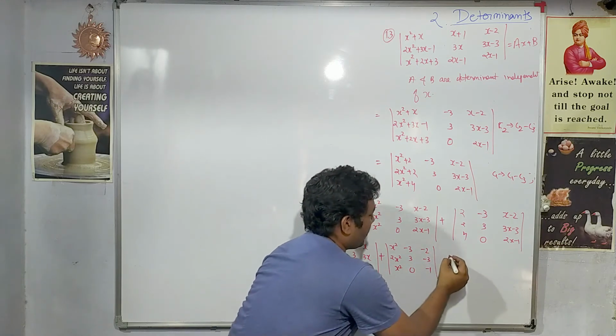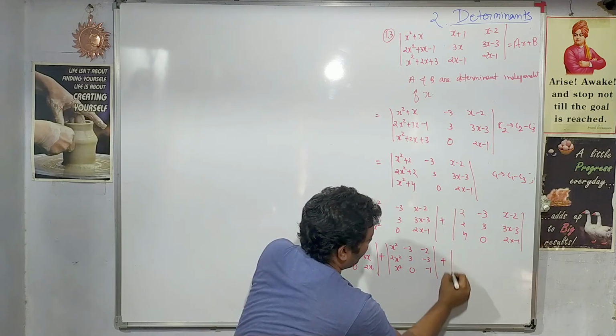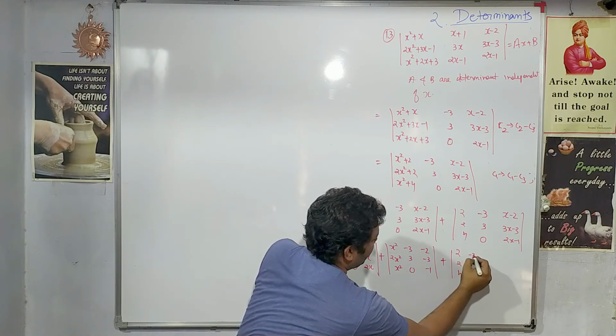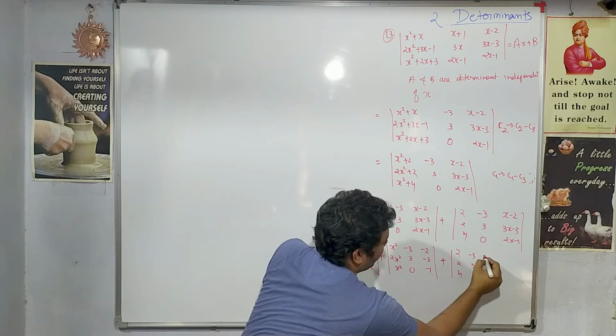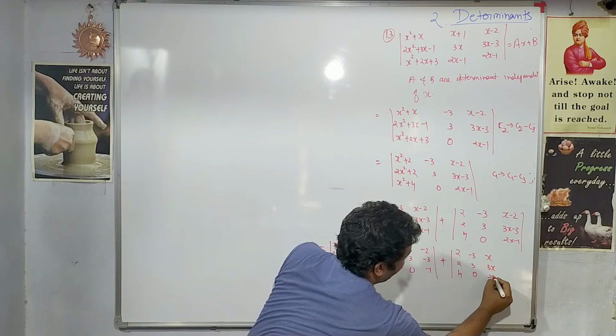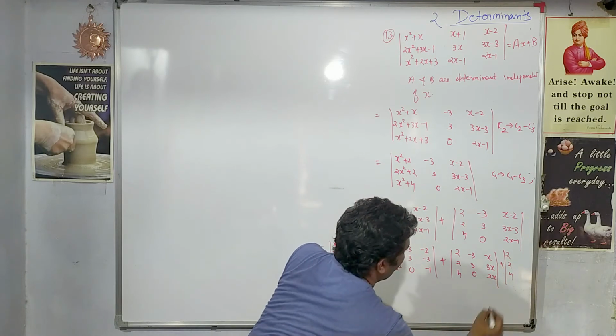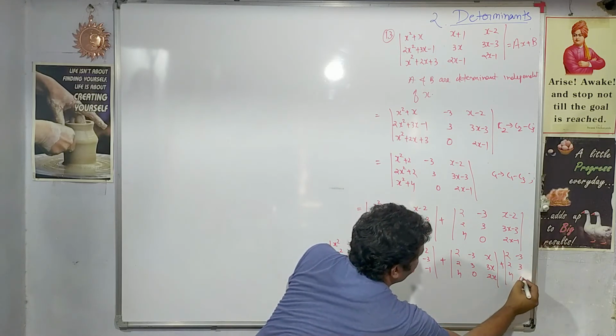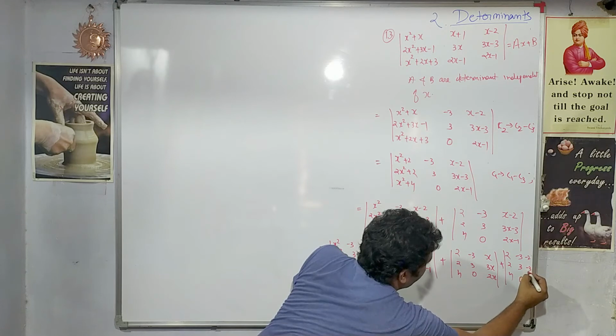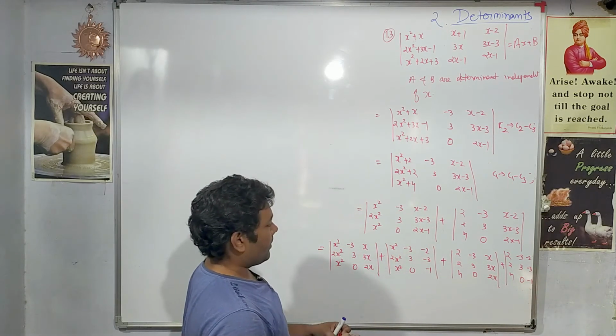Then let me carry out the expansion here. 2, 2, 4, minus 3, 3, 0, then x, 3x, 2x, plus 2, 2, 4, minus 3, 3, 0, then minus 2, minus 3, minus 1.